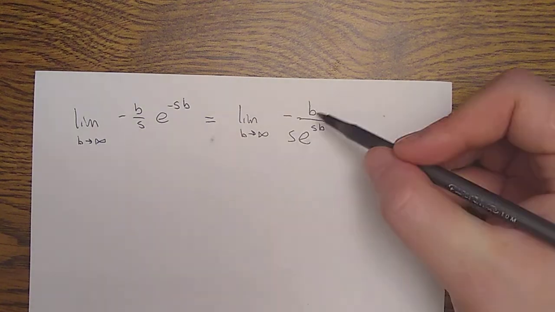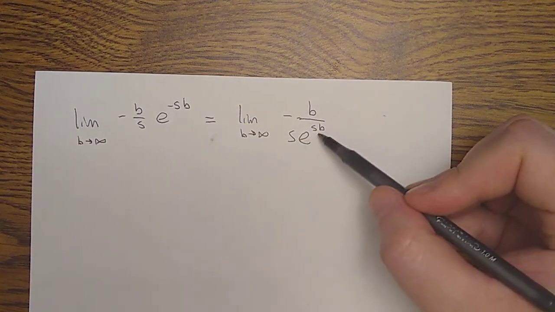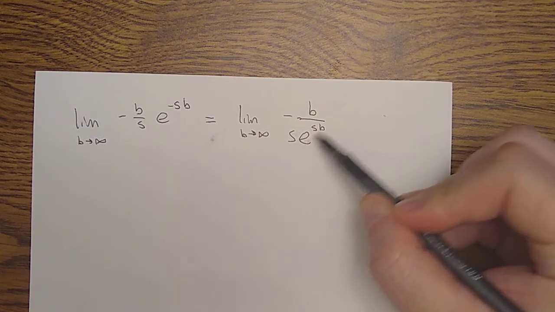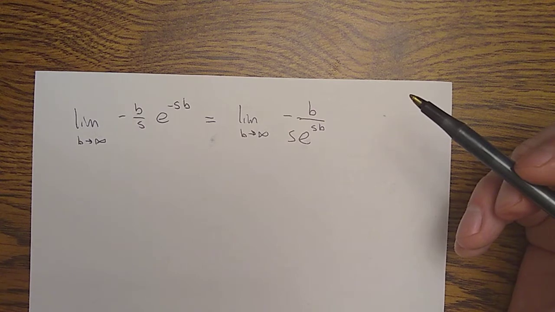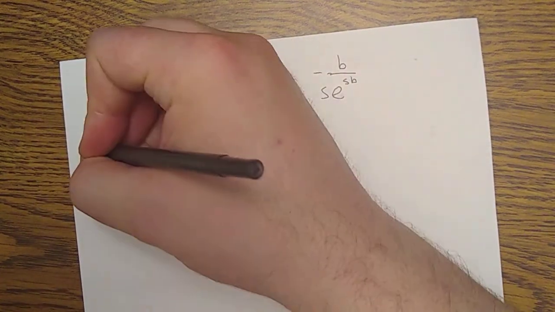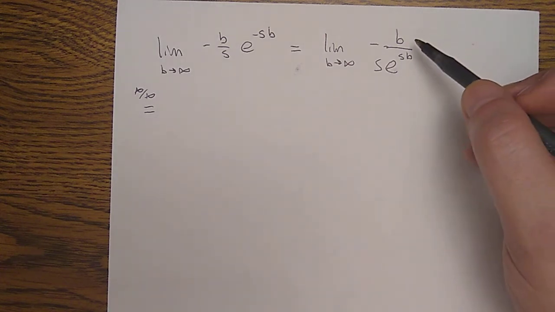Now this is infinity over infinity. B is going to infinity, so the top's going to infinity. Also, the bottom is going to infinity because s is a positive number, so now on the bottom this is like e to the positive infinity. Now that I have something where L'Hopital's rule applies, I can do L'Hopital's rule.